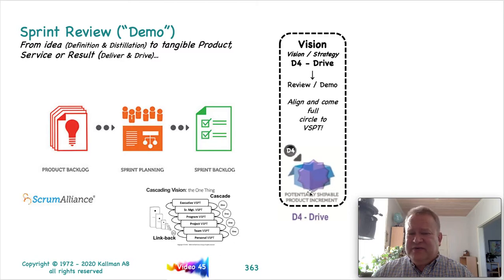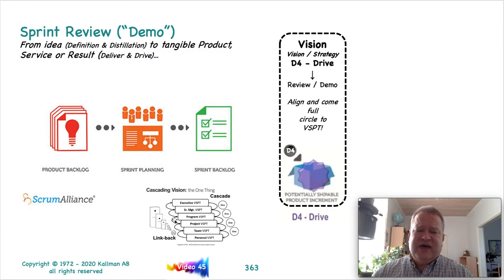So this potentially shippable product increment at the review should link back to the vision that is contained in the product backlog. And that is the key thing that is missing in almost every Agile methodology that's out there, the complete lack of linking back to the vision.